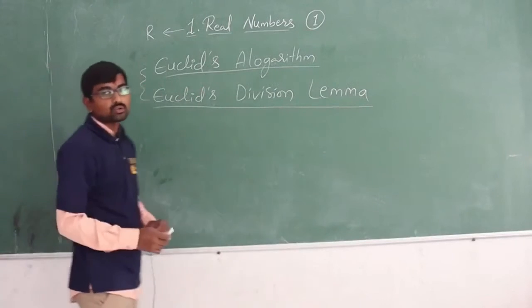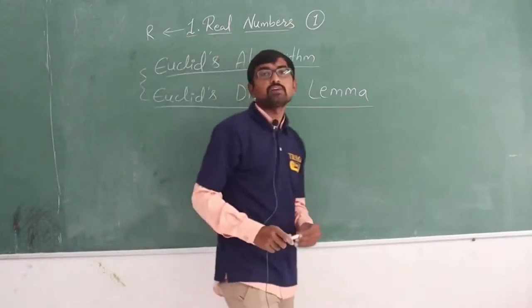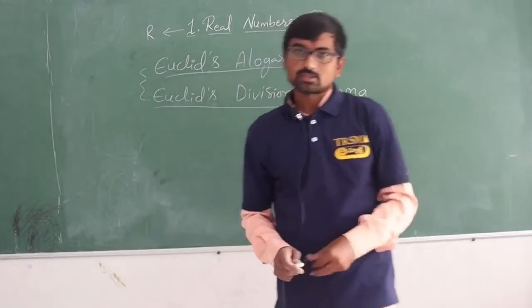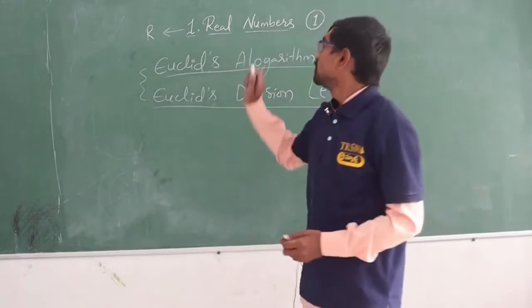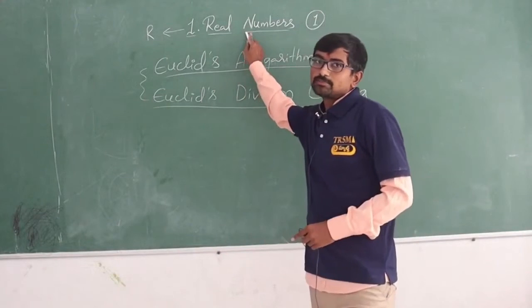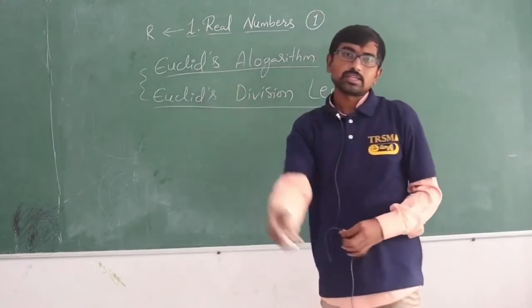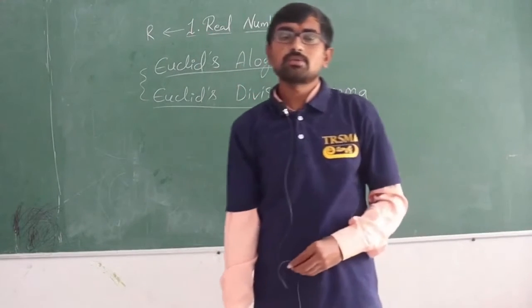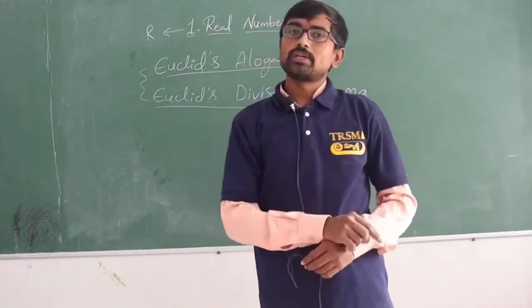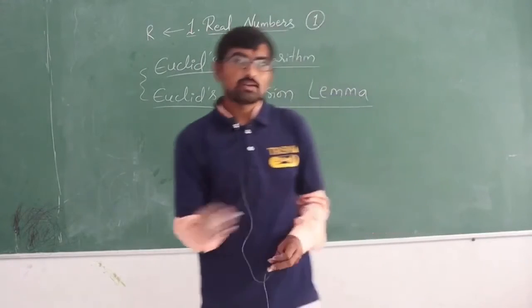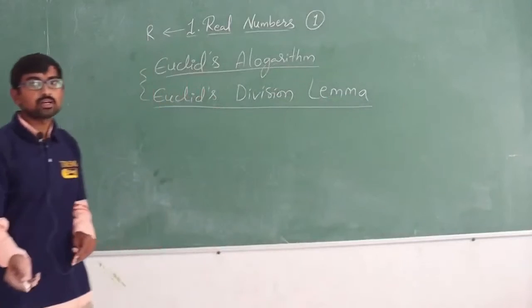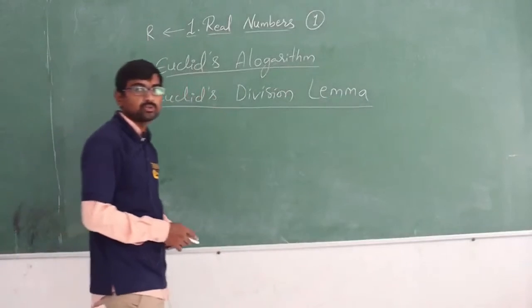Now coming to the conclusion of what we have discussed in this class. First we discussed real numbers, which are the set of rational and irrational numbers. We discussed the exact definition of rational and irrational. A rational number can be written in the form p by q.